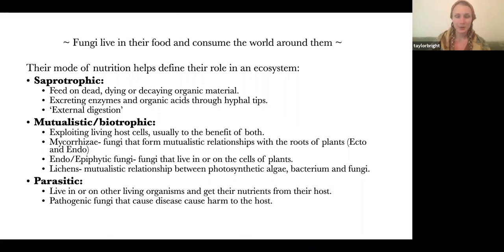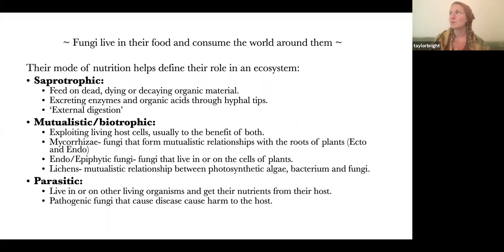This is a pretty important part to know about fungi, and I was kind of touching on this, but to just familiarize yourself more, there's kind of 3 main groups or classes of above ground fruiting body mushrooms. There's what we call saprotrophic, which literally just means feeding on dead or decaying organic material.